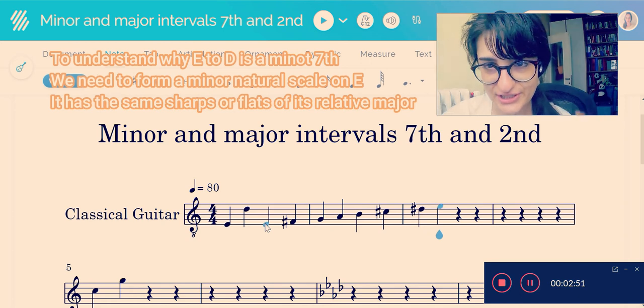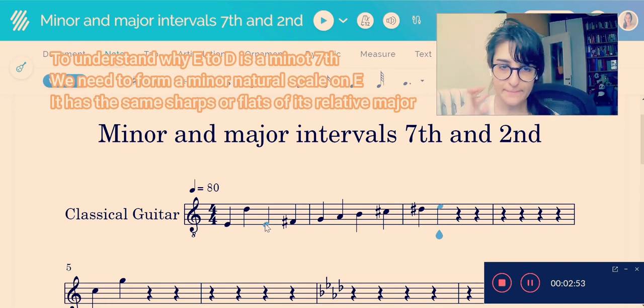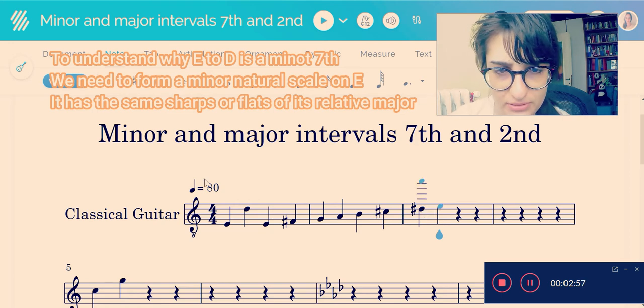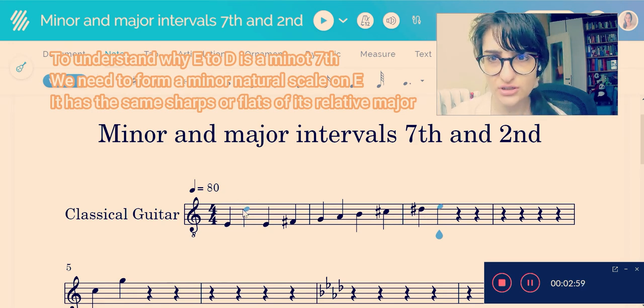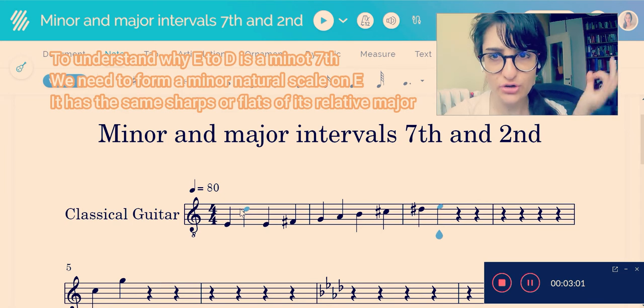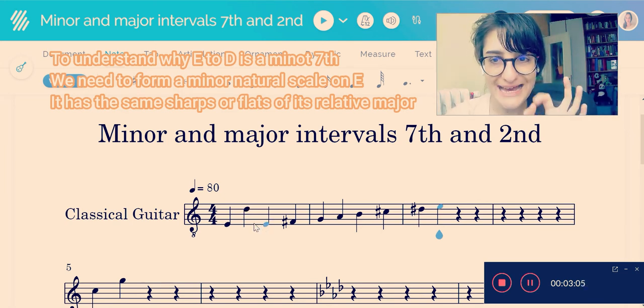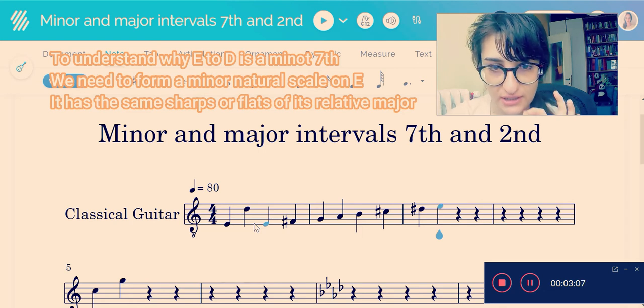Okay, so this is your ascending melodic minor on E. So, again, why? This is D sharp, this is D natural. Why? Apart from the fact that we're going by exclusion. Because we need to form a natural minor scale.